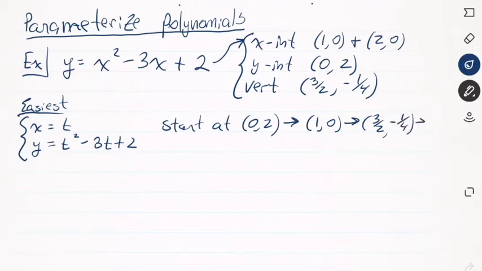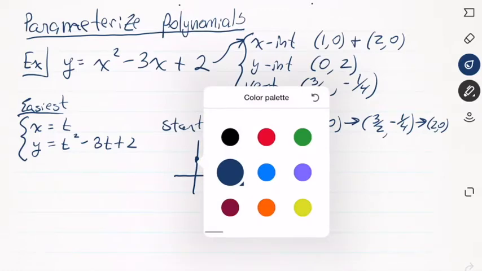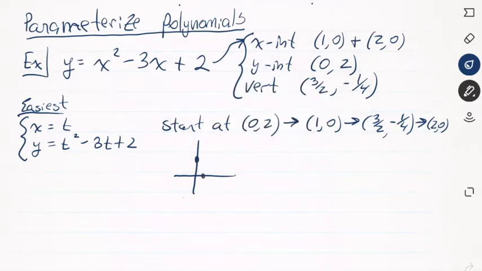And then you're going to plot the point 2, 0. So it goes through those points and then it goes off to infinity. So your graph would kind of look like this. It would start at 0, 2, and then it would plot your first x-intercept, the vertex, the second x-intercept, and then it would just keep on plotting the points. So your orientation would be this direction, from left to right.